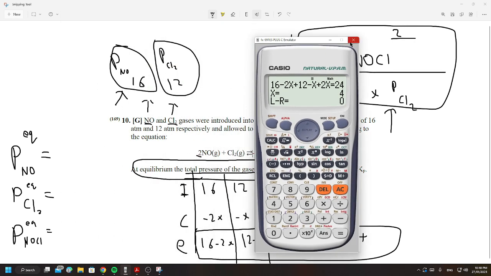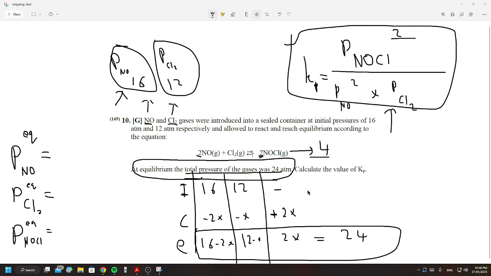Now that we know x is equal to 4, let's find the pressures. So 16 minus 2x, so 16 minus 2 times 4, so 16 minus 8. So for NO, the pressure is 8. Cl2 is 12 minus 4, which is 8. And then NOCl is 2 times 4, which is 8.